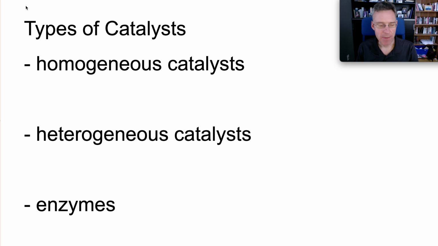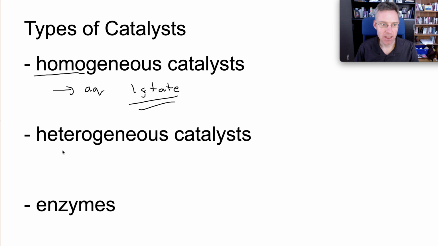Last, just wrapping up a little bit on catalysts. Catalysts can be put into a few different categories. You can have one state, a homogeneous catalyst. So this might be a reaction where everything is aqueous. So we have aqueous chemicals, and the catalyst would also have to be aqueous. Okay. In many cases, you have a heterogeneous catalyst where it is a different state than the reaction.